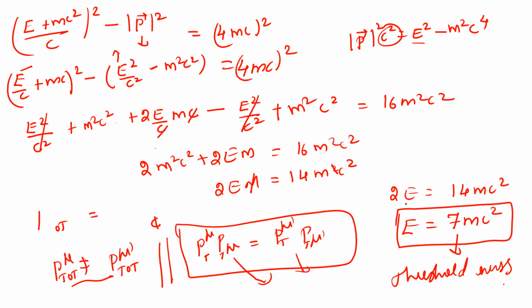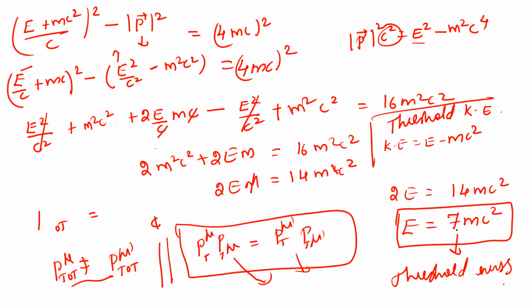Now we can also find the threshold kinetic energy. The question can be asked also in terms of threshold kinetic energy. You know that kinetic energy is equal to E minus mc square.